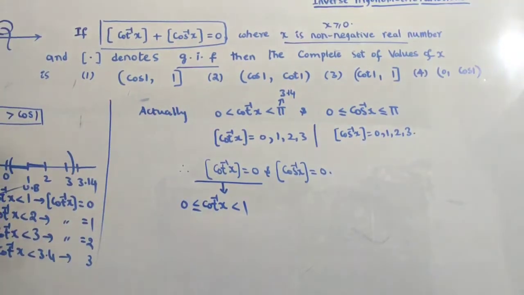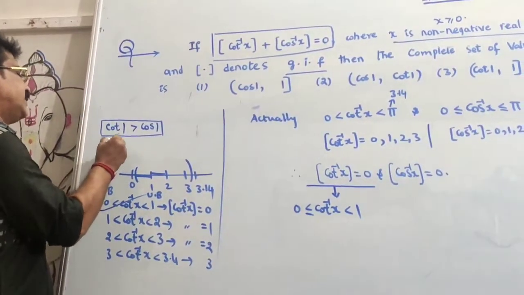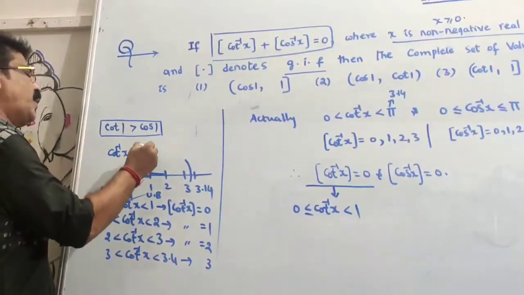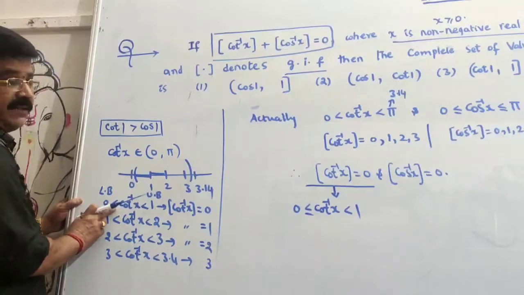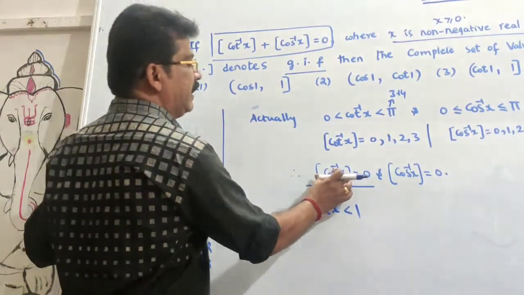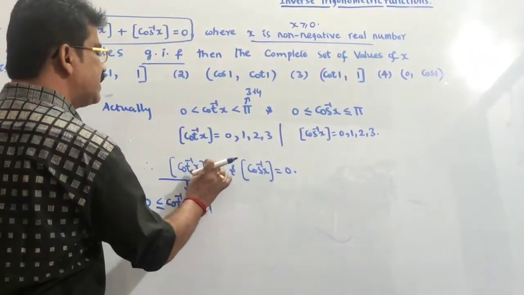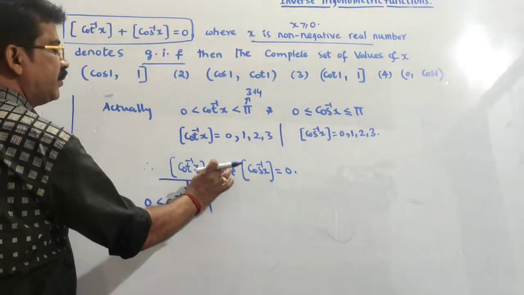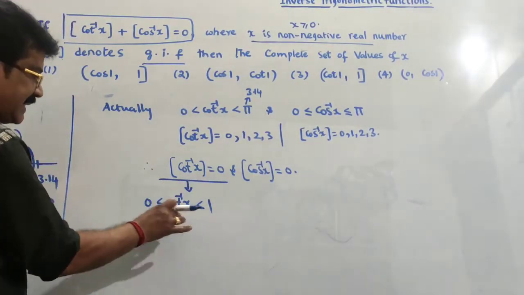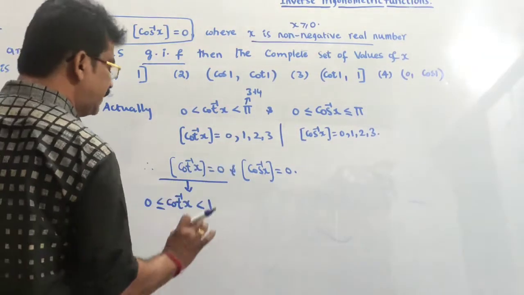But here cot inverse x belongs to the open interval of pi. That's why I didn't write equal to here. In general, box of cot inverse x equal to 0 means if cot inverse x equal to 0, then also its box is 0. And if it lies between 0 and 1, then also it is 0.